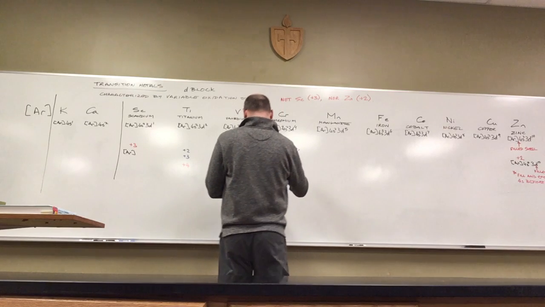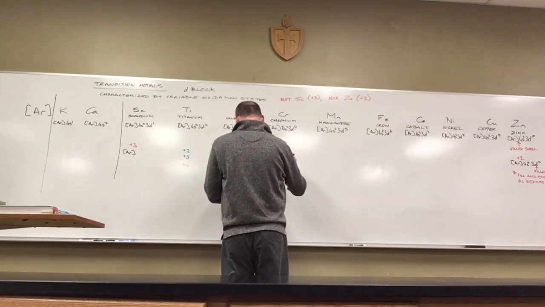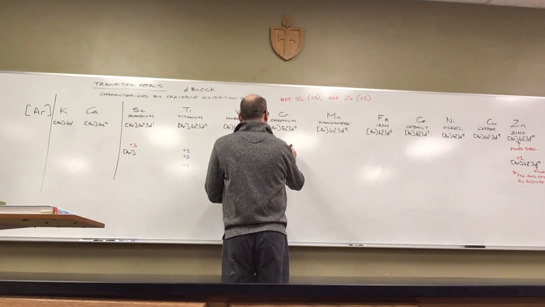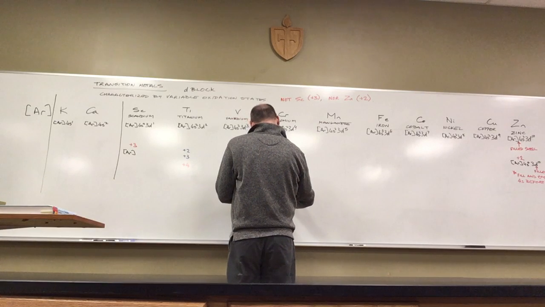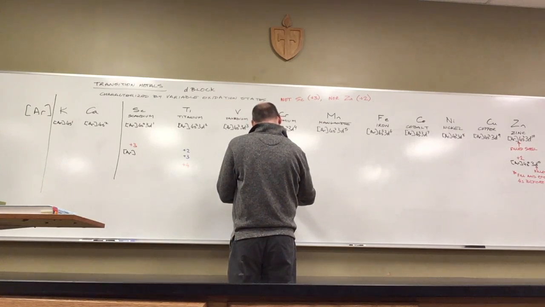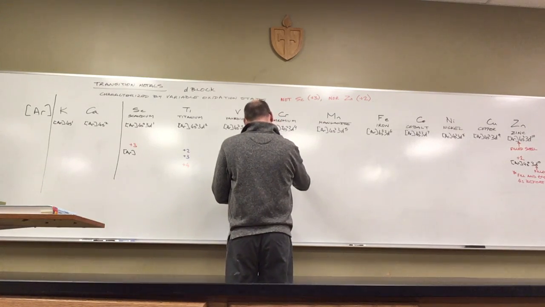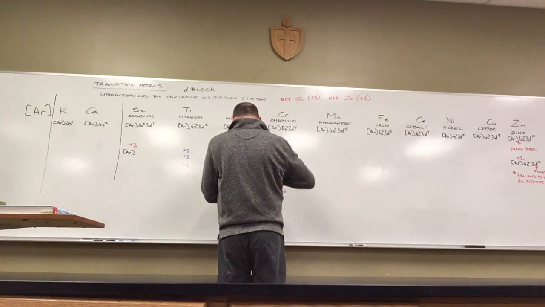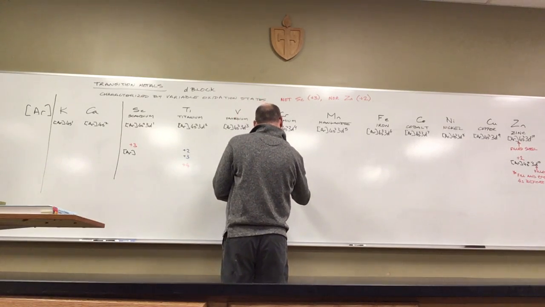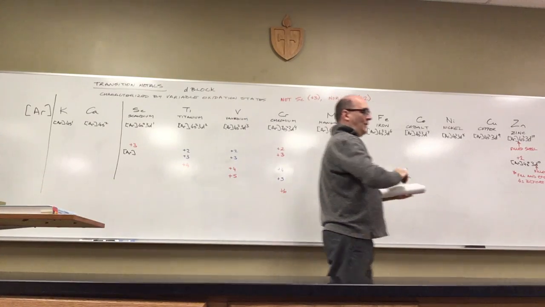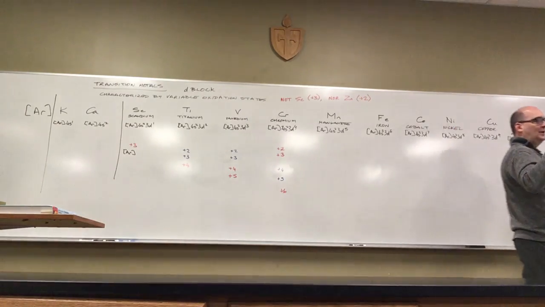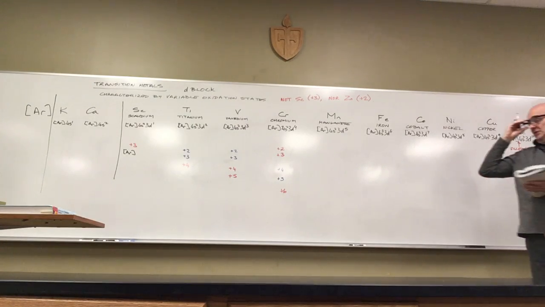Chromium. Chromium likes the 2. It likes the 3. And it likes the 6. But that does not mean that you cannot make the +4 or the +5. The +4 and the +5 exist, but they're going to be transient.